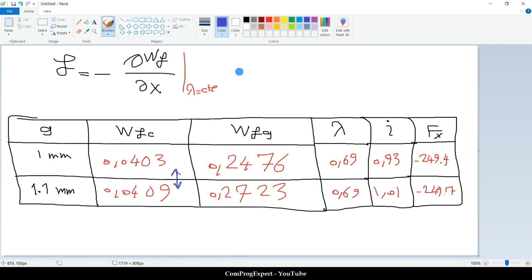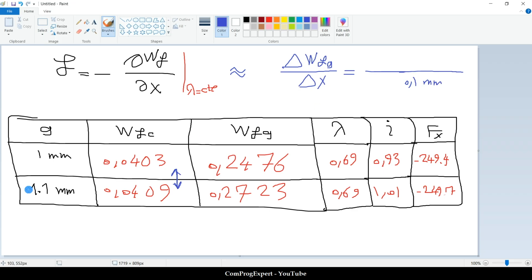And if we approximate this by delta W_fg, the change in the energy of the air gap, divided by delta x, let's calculate this.